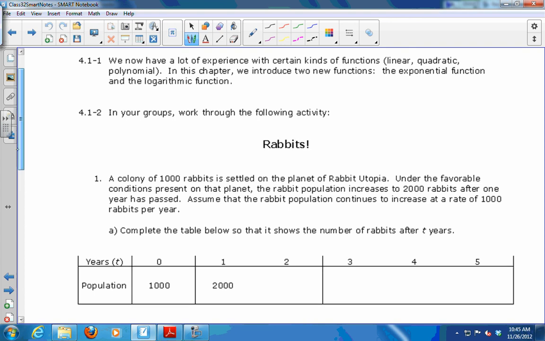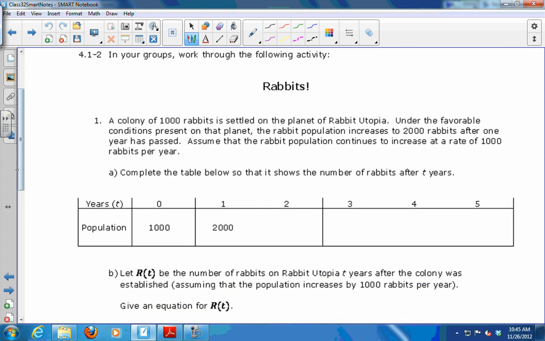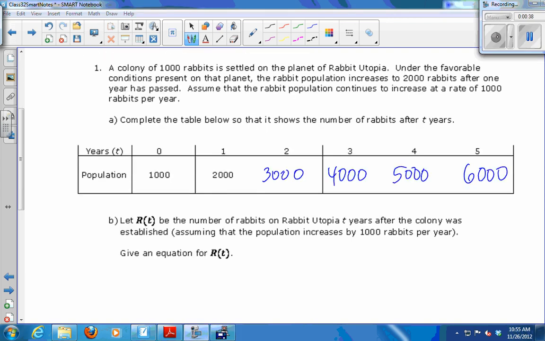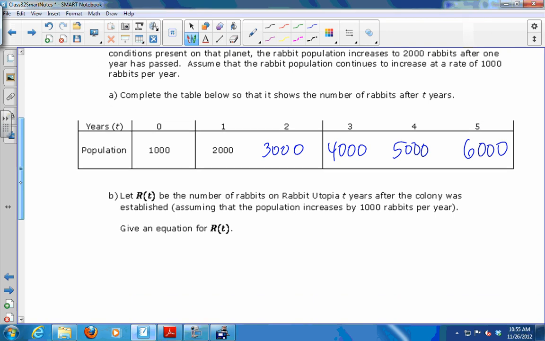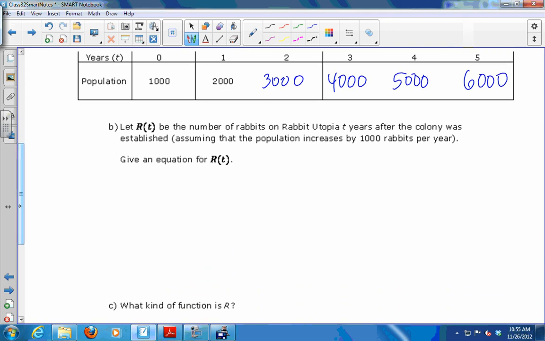So to introduce you to it, I'm going to have you in your groups work through this activity about rabbits. Okay, so we're going to let R of t be the number of rabbits on Rabbit Utopia after t years. So R of t. What's my formula going to be?